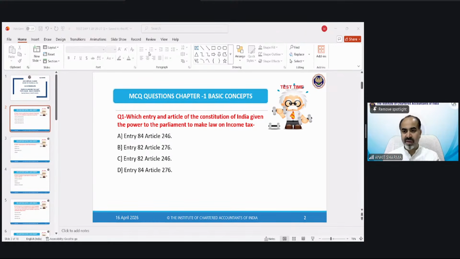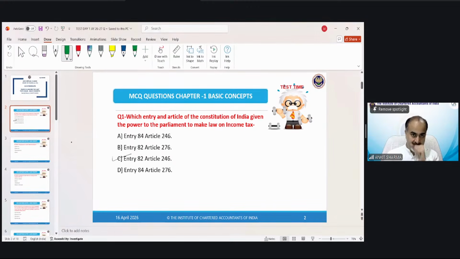Mehak is saying B, Meenu, Kashish, Vyagya is saying C. Entry 82 is by Mehak, Surinder is C, Gaurav is C. The correct answer is option number C. Entry number 82 of Article 246 is the correct answer.